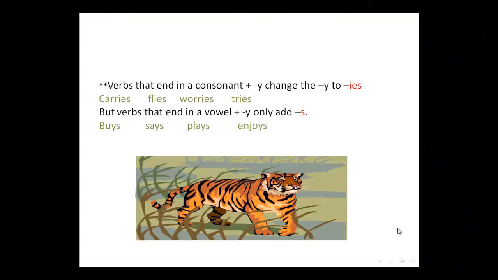Now for verbs that end in a consonant plus the letter y, we have to change the y to i and add es, like the verb carry. So carry here ends with a consonant plus y.